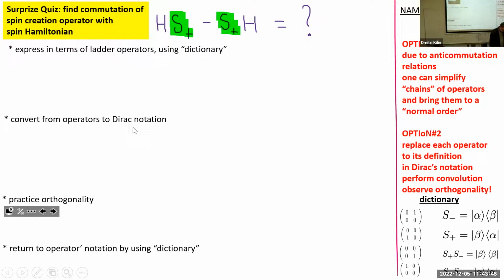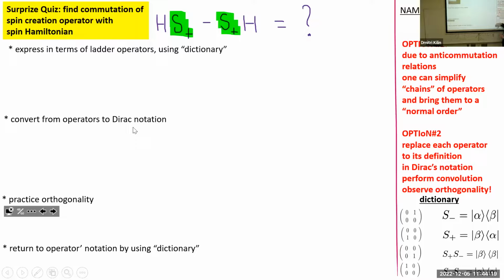Here is a little surprise quiz that I invite you to try. We need to find the commutation between the Hamiltonian and the spin creation operator. You are free to try your own way. You are free to look into notes. Just do things in a reasonable way. There are two ways. One is to replace operators based on the anti-commutation relation.